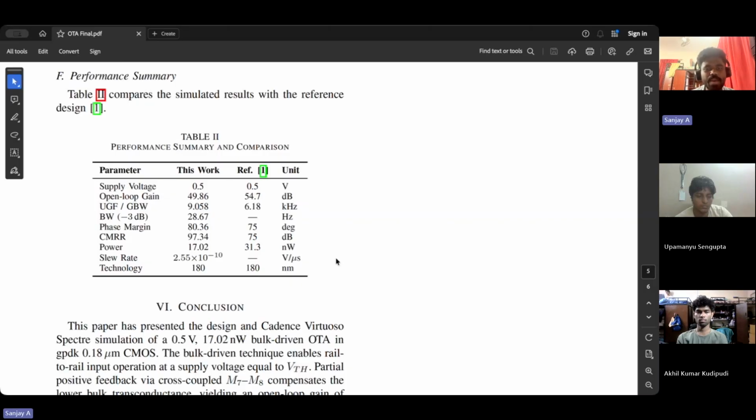Slew rate is approximately 2.55 times 10 to the power minus 10 volts per microsecond. This looks shockingly small, but it fundamentally doesn't matter for our application. Slew rate is set by SR equal to I set divided by the load capacitance, which is 15 nanoampere by the 15 picofarad, which is 1 volt per millisecond.